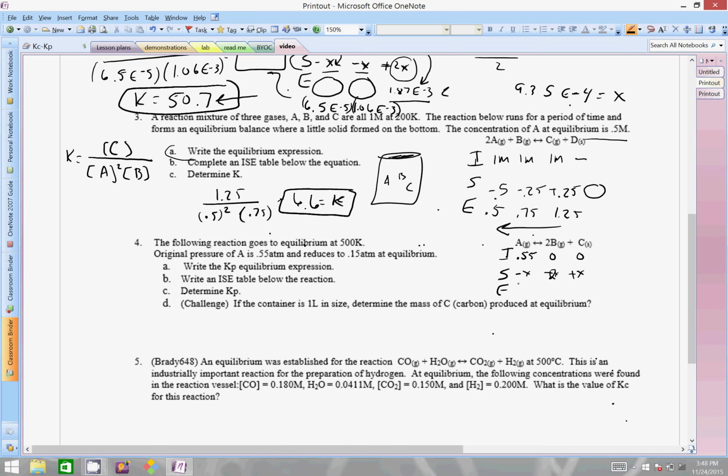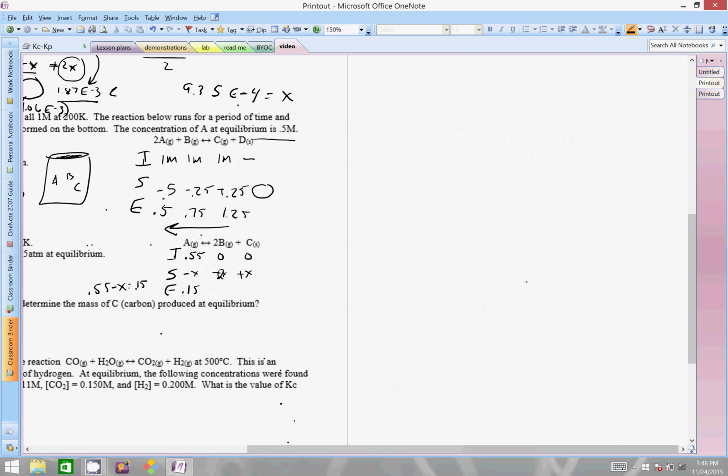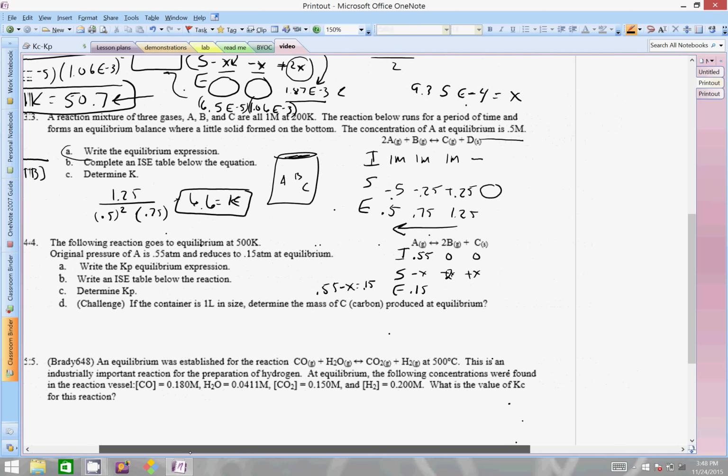This would be 0.55 minus X, and this would be 2X and X. But in this case, they're saying this value, 0.55 minus X, equals 0.15. So what is that value? This thing drops down to 0.15, and we can find X at this point.